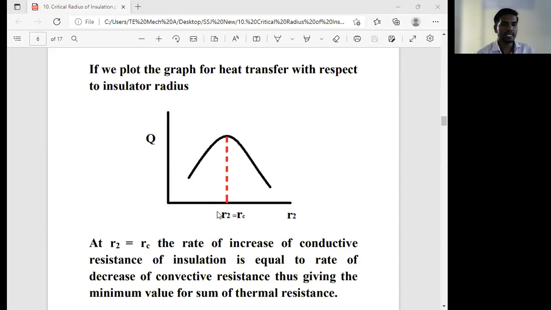If radius of the insulation is less than RC, then what will happen? जर इन्सुलेशनची रेडियस क्रिटिकल पेक्षा कमी असेल, तर रेट ऑफ हीट फ्लो इनक्रीज होणार आहे. And if insulation radius is greater than critical radius, then what will happen? Heat flow कमी होणार आहे.